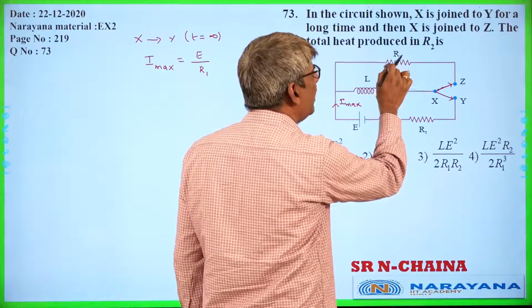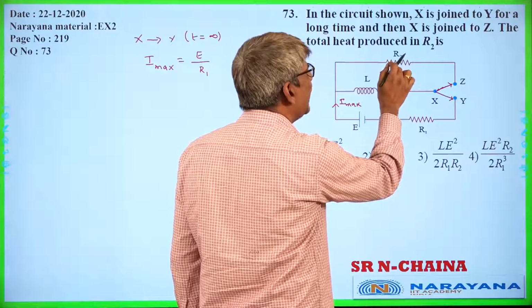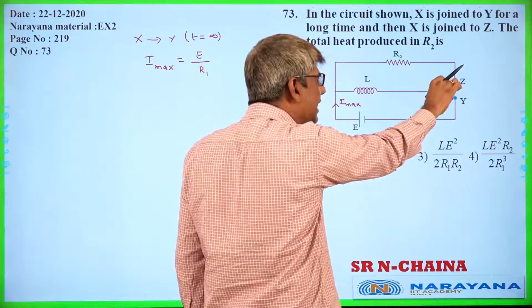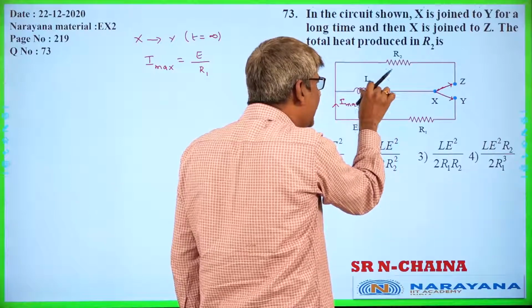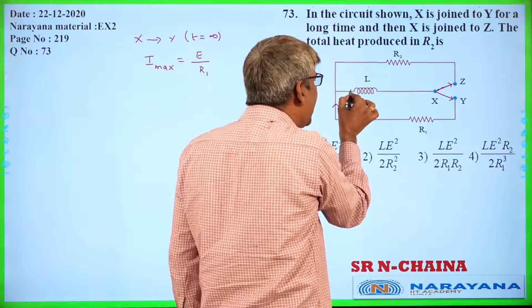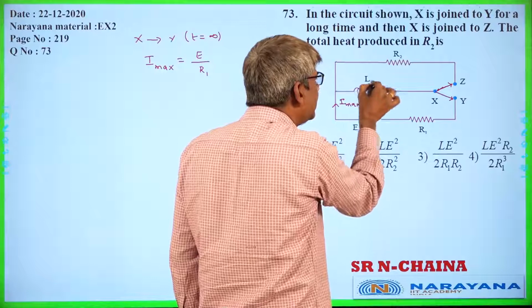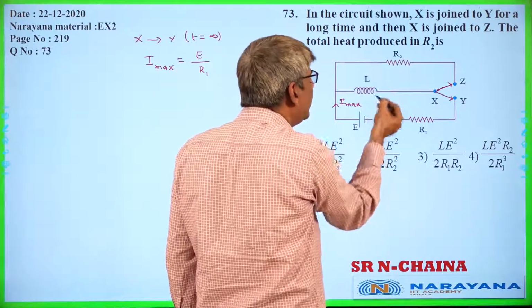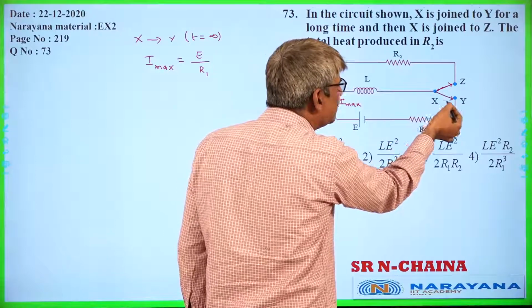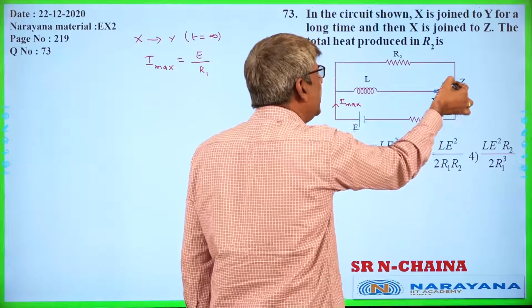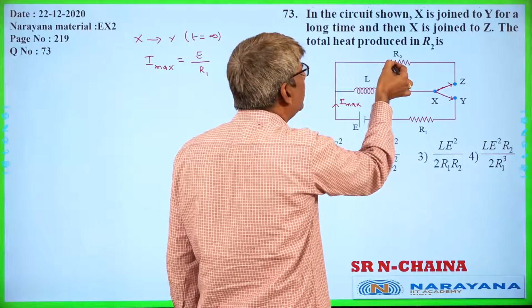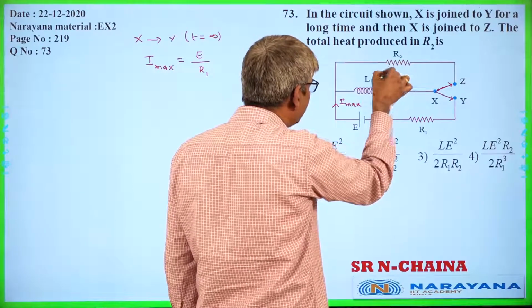Now he is asking to find the heat produced in R2. Whenever the connection is replaced from XY to XZ, whatever current is present initially, the maximum current, will flow on to that side.